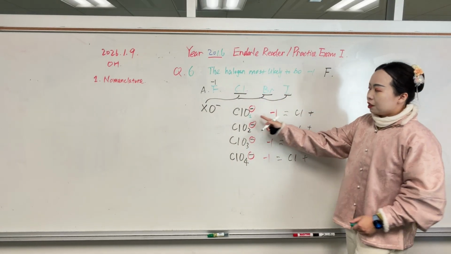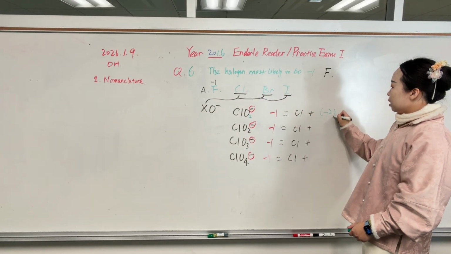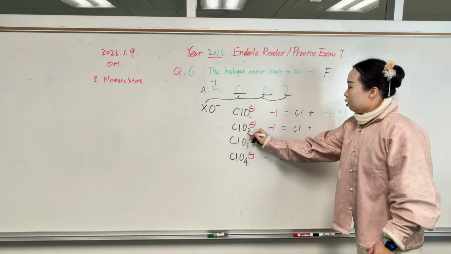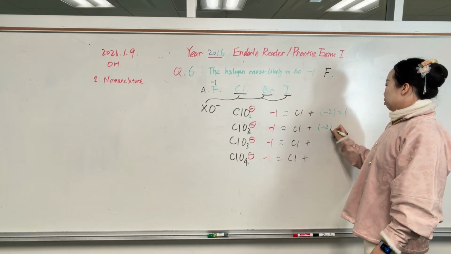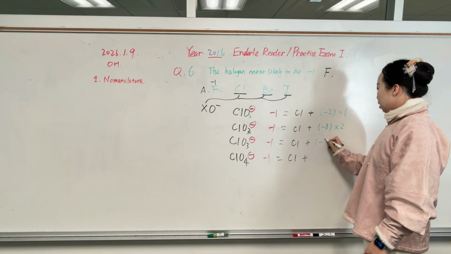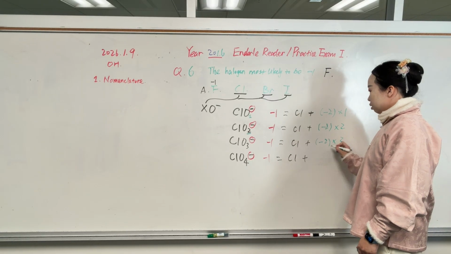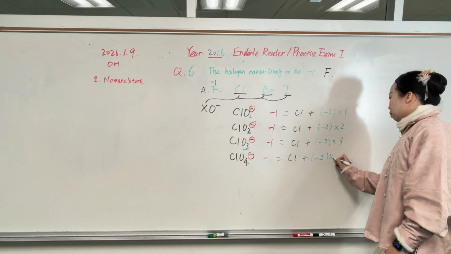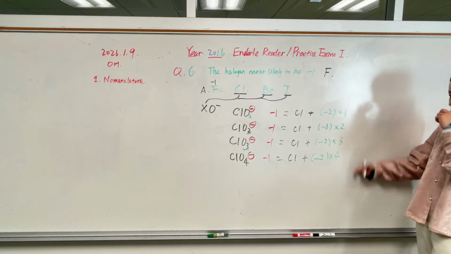There's a 1 that I just did not write. Each oxygen is -2, times 1, times 2, times 3, times 4. Then solve for chlorine each time.